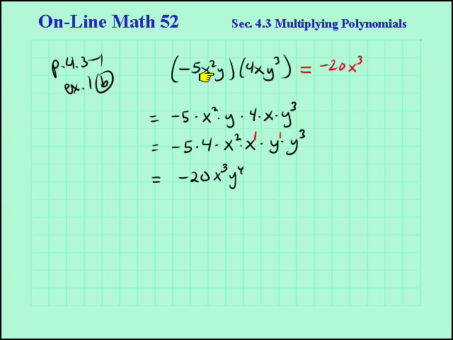And then y times y cubed is y to the fourth. So it could be done in just one step. But here are all the individual steps all the way throughout. So the explanation is there. All right? Anyways, that's section 4.3, page 1, example 1b.